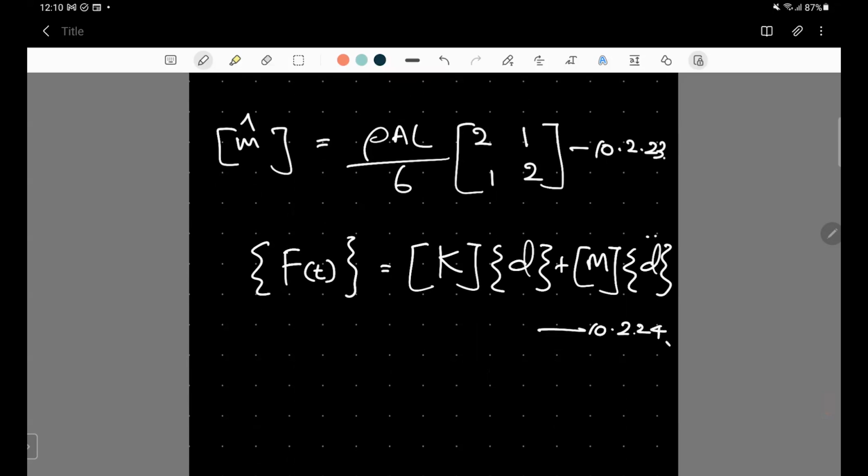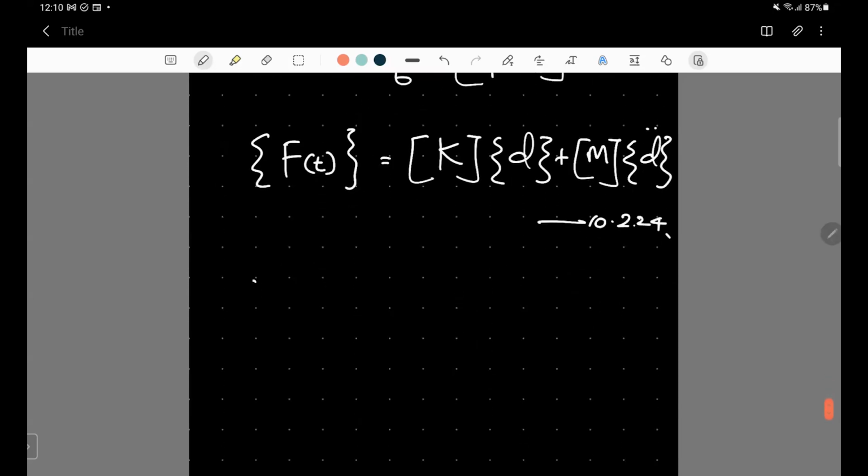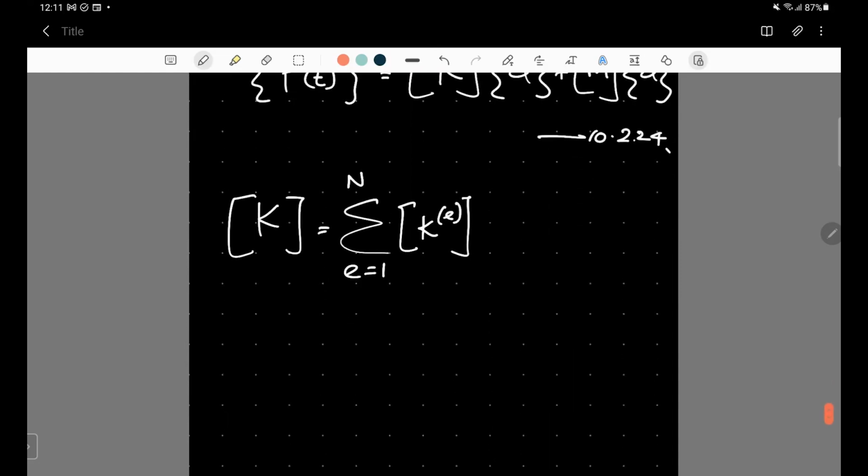Once we have this, we can construct the stiffness matrix, capital K, which is nothing but the assembling process over all the elements. We consider all the element stiffness matrices and assemble them.